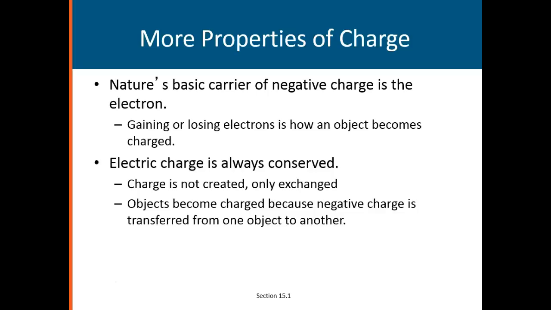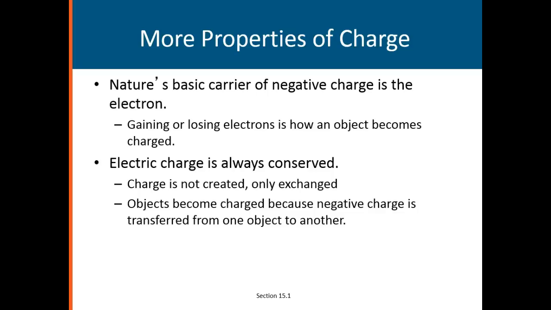Or you move electrons from here to here, making this negative and that positive. That's how things become charged, because the negative charge is transferred from one object to another. You can't create charge, you can't destroy charge. You can neutralize charge by letting electrons move back so they can balance the charge again.